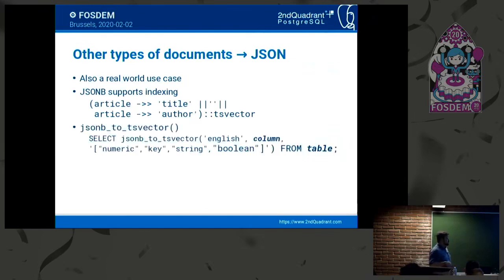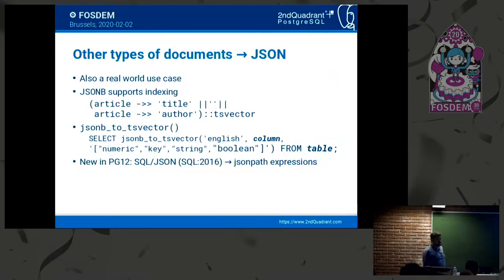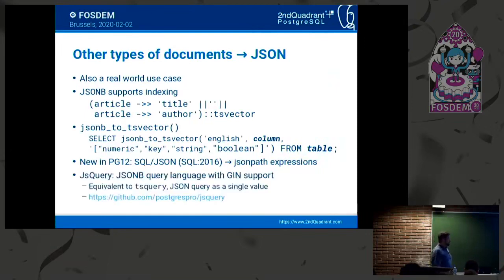You can use the function jsonb_to_tsvector, and that will classify numeric, key, strings and booleans differently if you want to. Also in Postgres 12, we have the SQL standard SQL/JSON query language that you can use to perform searches on JSON. And we also have jsquery, that's a different query language.